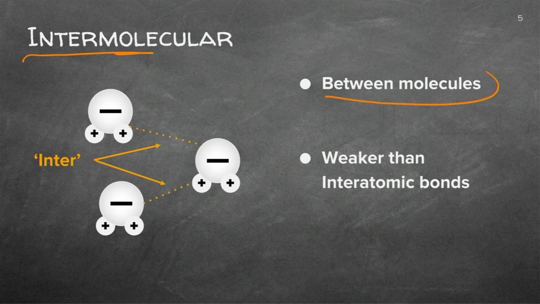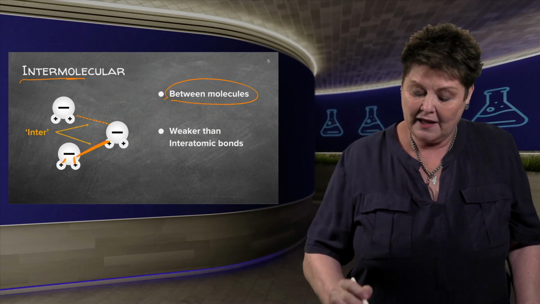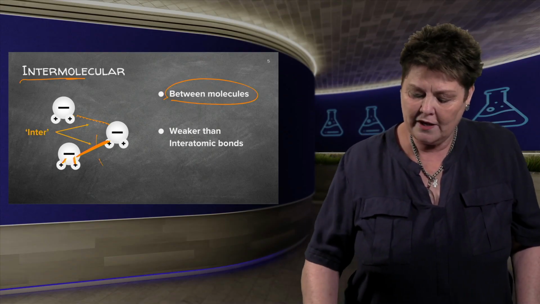Between molecules that we see, and we know it's in between molecules, please bear in mind that the intermolecular force is weaker than the one inside the molecule. Inside, you've got to have lots of force to break it, but outside, it's a weaker force.